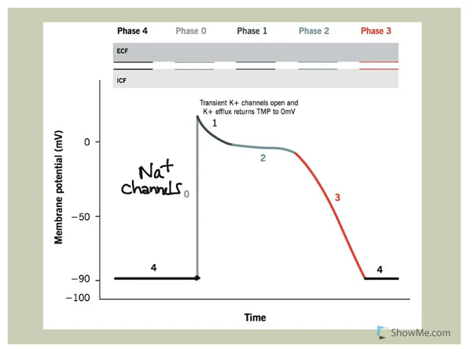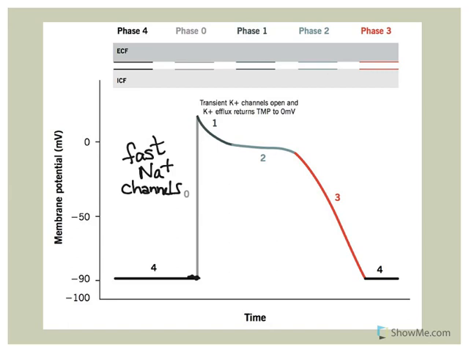When those sodium channels open up, you're going to have this massive influx of sodium inside the cell, and you'll notice a reversal of charge. So you go from minus 90 millivolts to a positive value. Those sodium channels that opened are referred to as fast sodium channels.